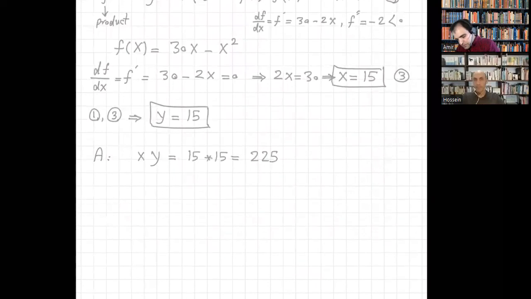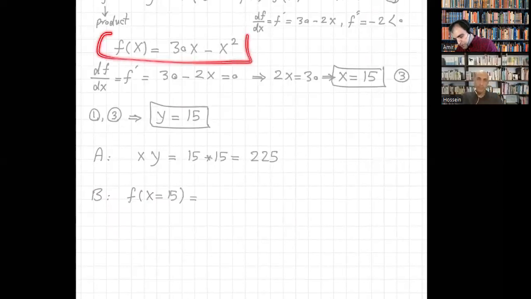And approach B, f of x equals 15. I'm going to put it in this function. So it's 30 times 15 minus 15 squared.